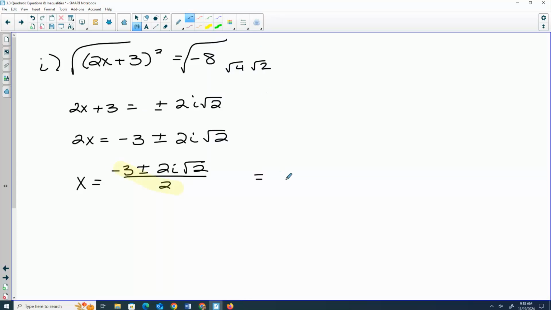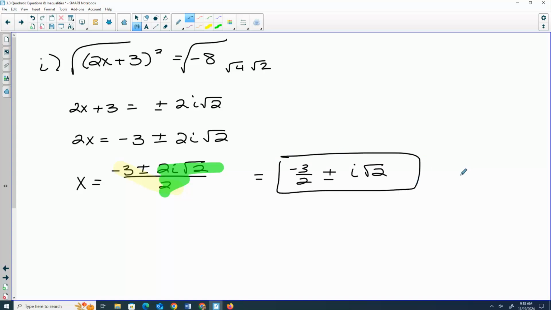So we would have negative 3 over 2 plus or minus, and then we do this one. 2i radical 2 divided by 2. What happens to those 2's? So we get negative 3 halves plus and minus i radical 2. Any questions on those?